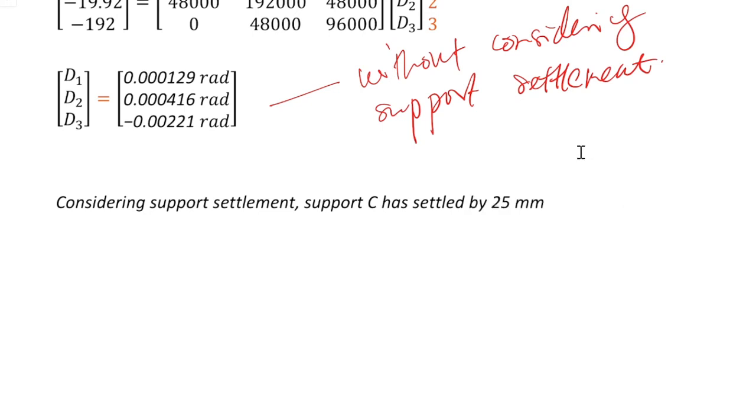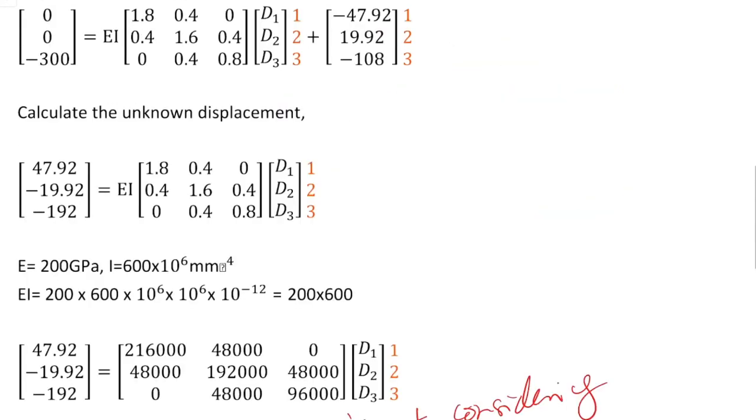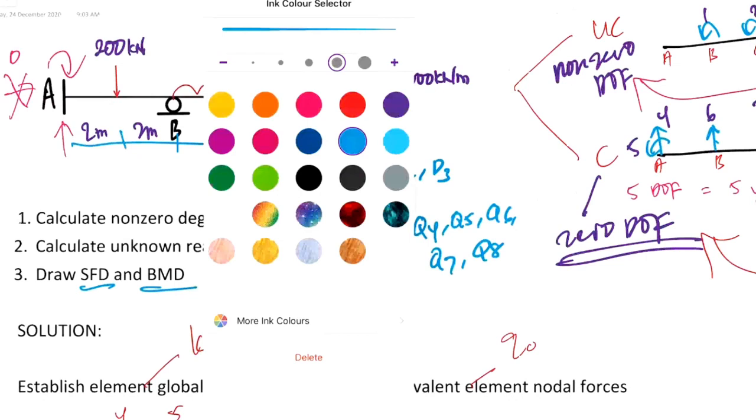So again, please find the position of the degree of freedom at support C. What is the numbering? What is the degree of freedom position? Okay, settlement at support C, settled downward, means delta at C is equal to 25 mm. So we need to look back at the main diagram. Okay, settlement at C.